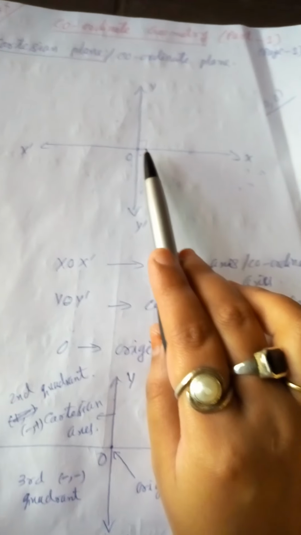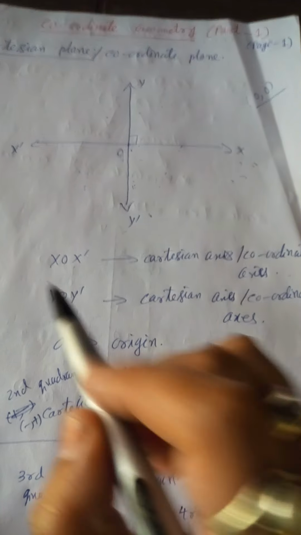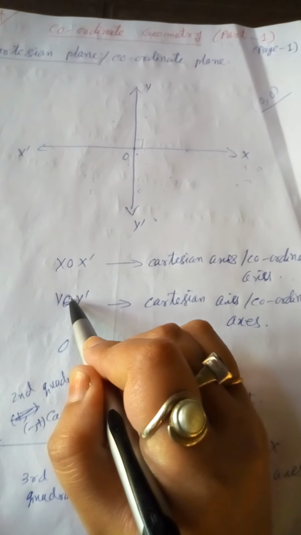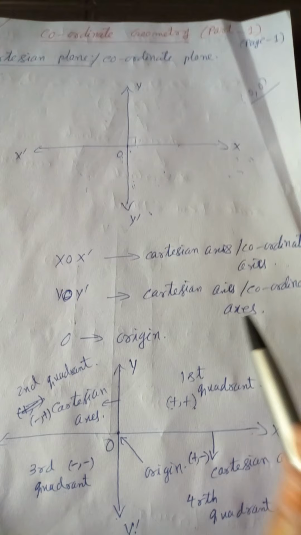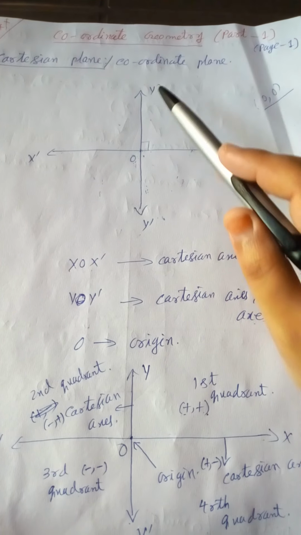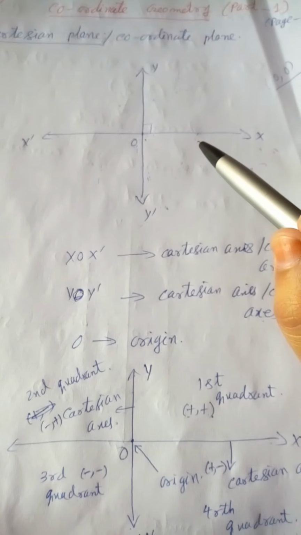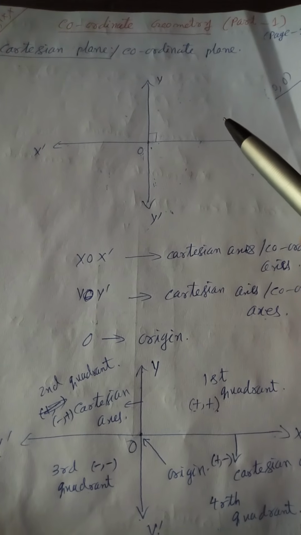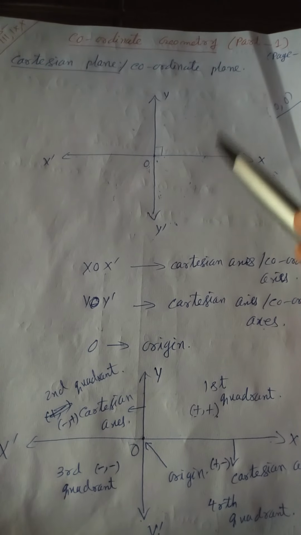Next one is Y'OY. This is O. Y'OY is also the Cartesian axis or coordinate axis. So one Cartesian plane has two axes. One is the x-axis, and another is the y-axis.